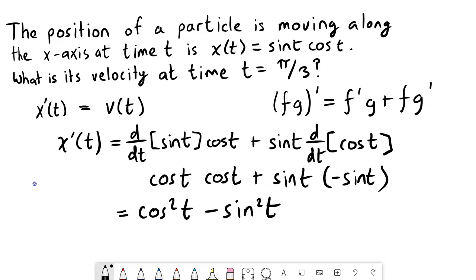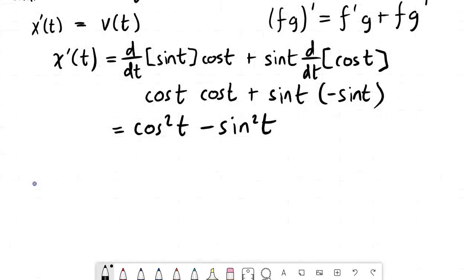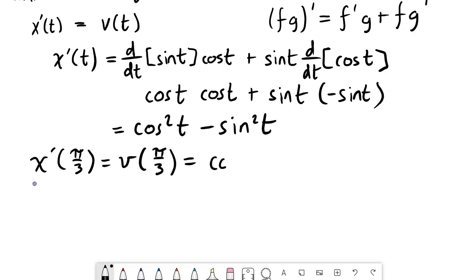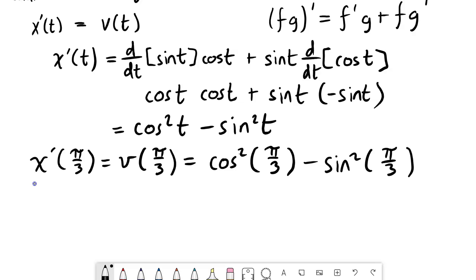Now we would just want to see what it is at time equals pi over 3. I'm going to scroll down a little bit just to give me more space. So the derivative of this at pi over 3 is also the same as the velocity at pi over 3, which is just plugging it into the value: cosine squared of pi over 3 minus sine squared of pi over 3. And then you have to know these values because there might be questions where you don't get a calculator.